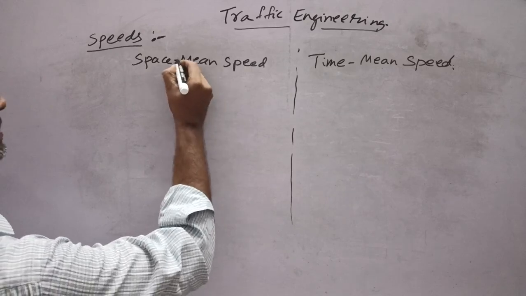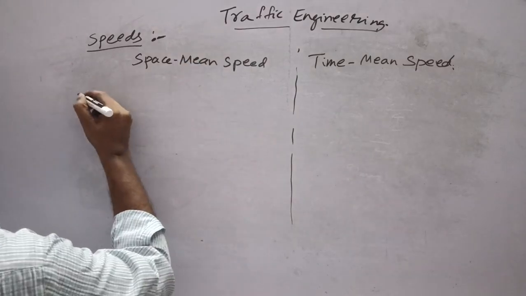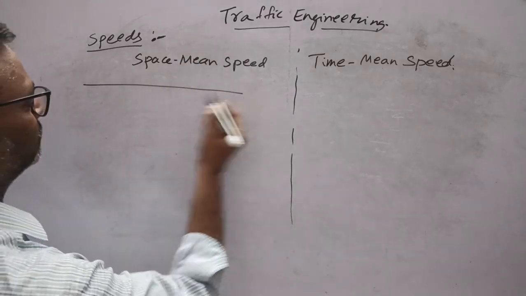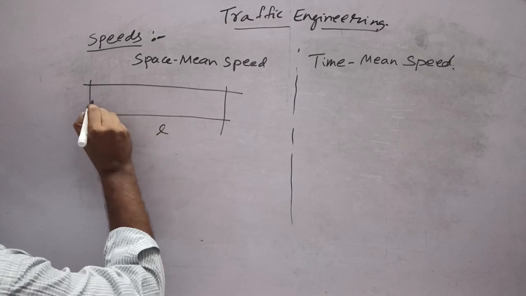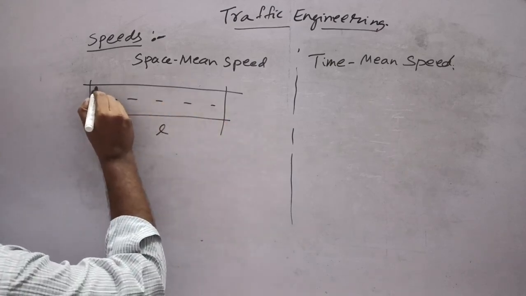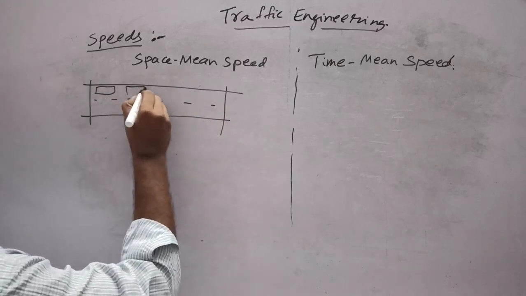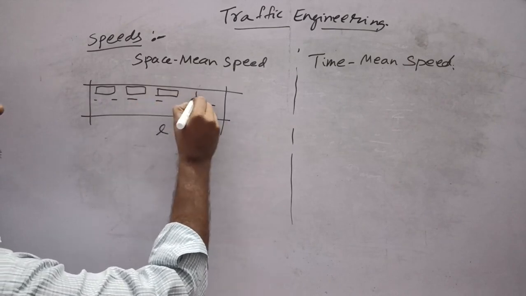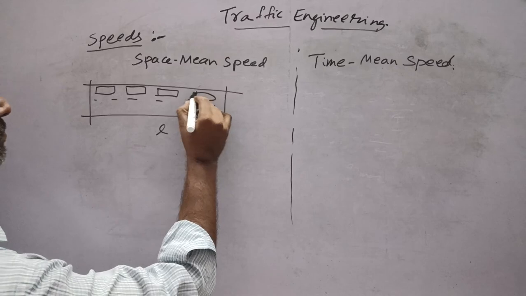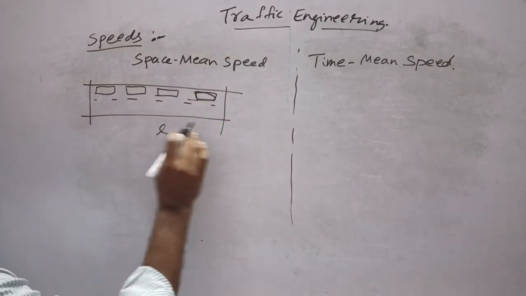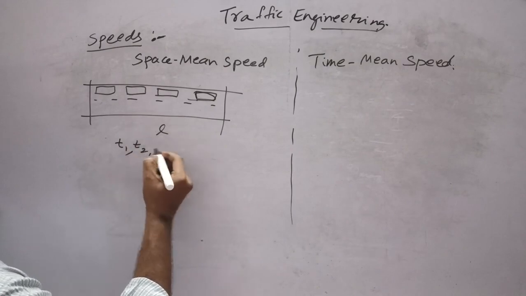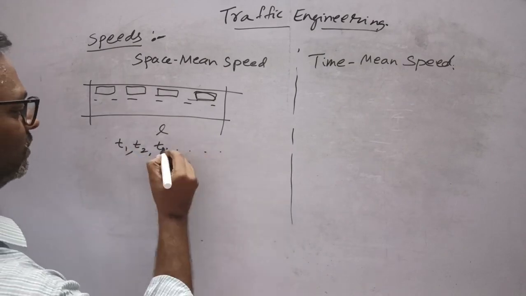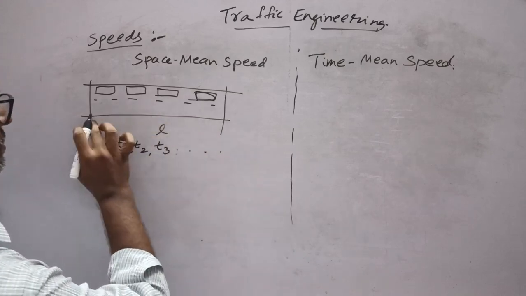As the name itself suggests, there is a space of length L and we have vehicles traveling at different speeds. In this space, we are calculating the times taken by each vehicle to clear this space L.